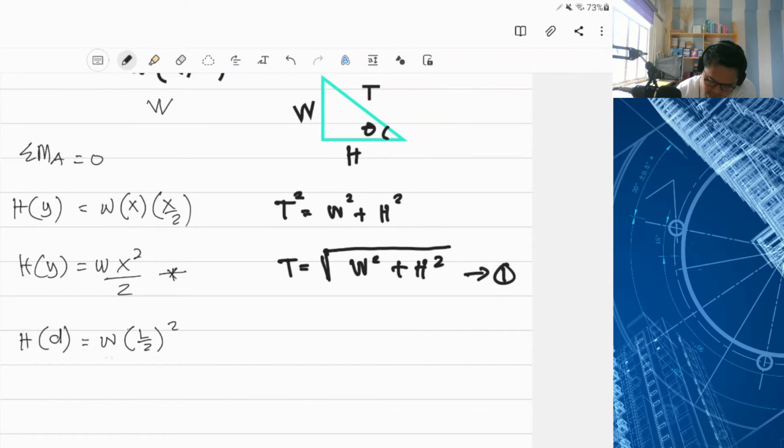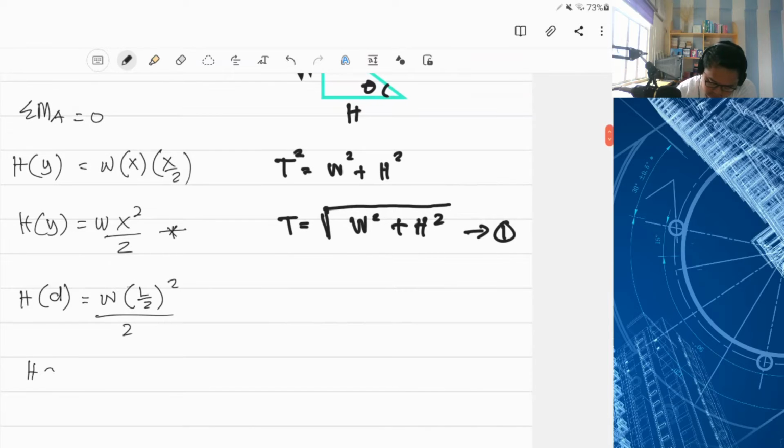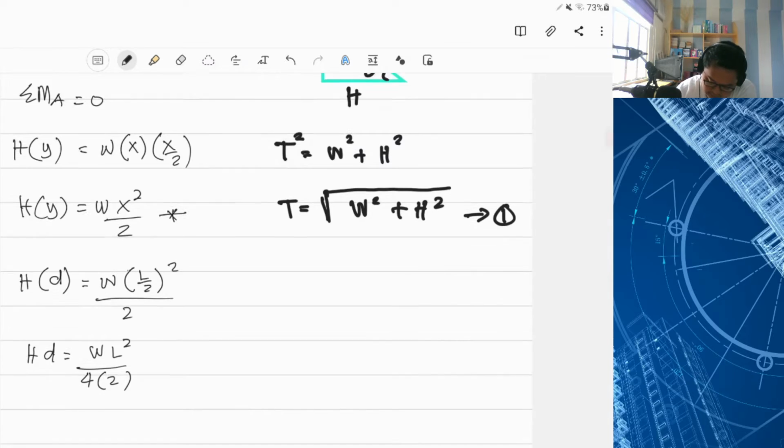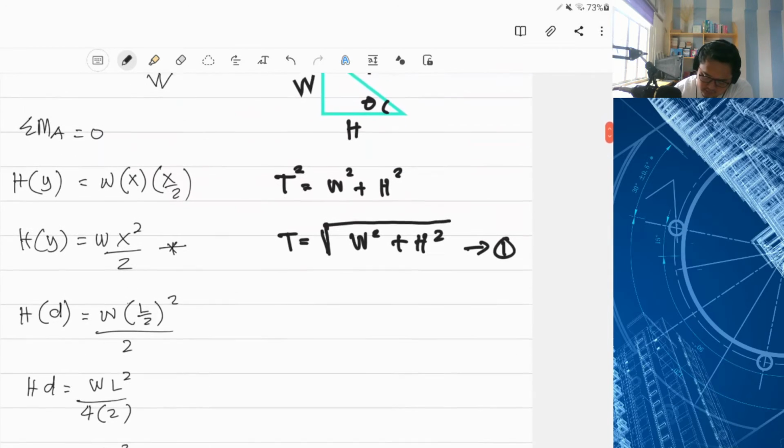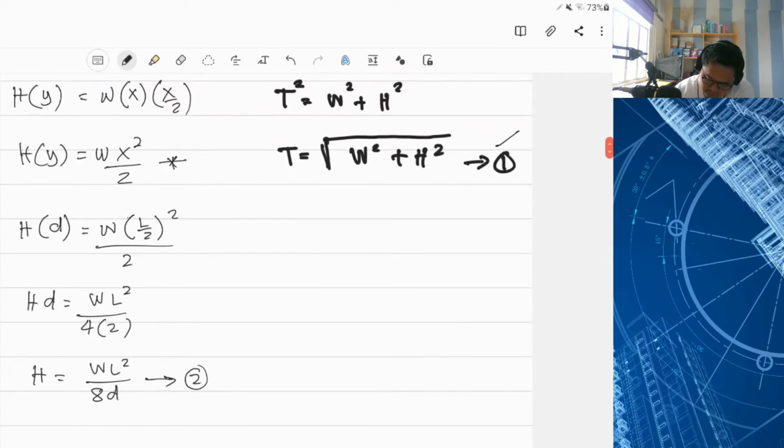This is going to be squared over 2. What will happen to the equation? This becomes W L squared over 4 times 2. So H equals W L squared over 8D. This is our equation 2. Remember equation 1 and equation 2.